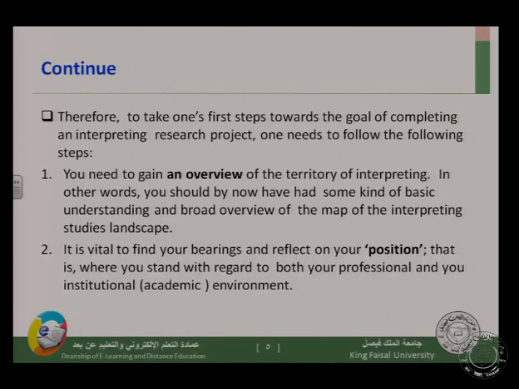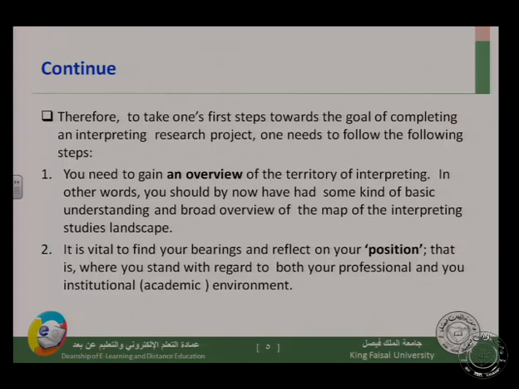You need to find your bearings, where you stand, your position, where you stand regarding your professional and academic environment.